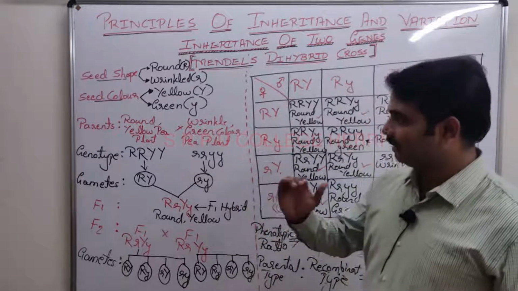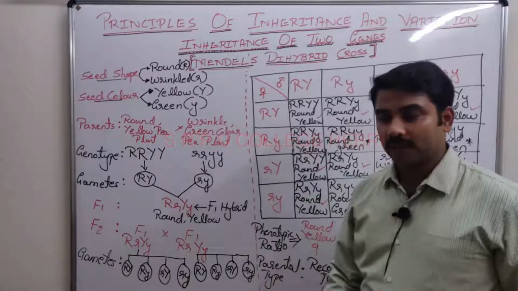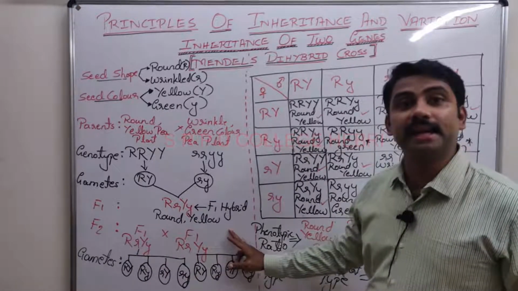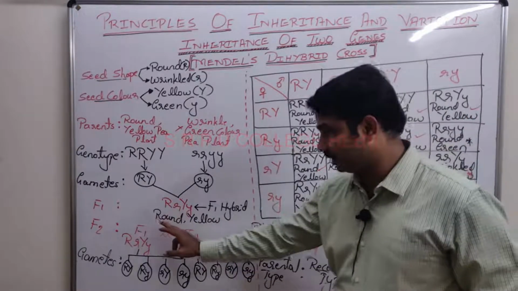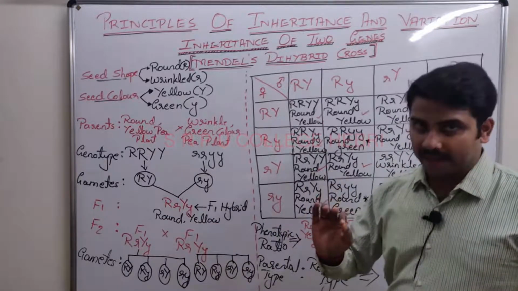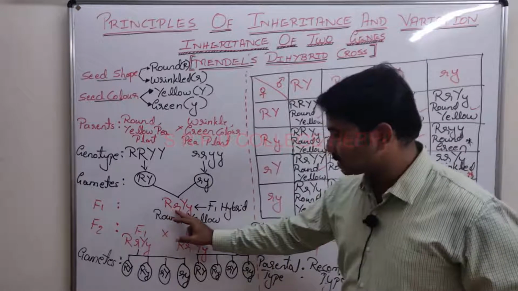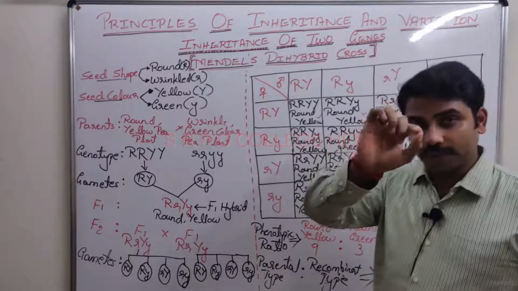Along with quality, quantity is also important, right? Write it neatly. Next line, in the F1 generation, he obtained round yellow seeded pea plant having genotype capital R, small r, capital Y, small y. Full stop.